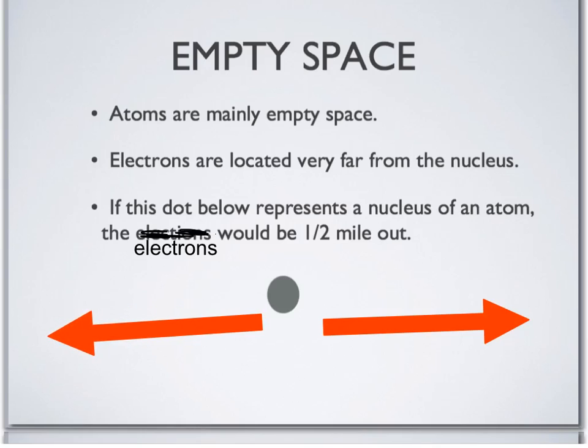That's really incredible when you think about it, from this nucleus, they'd have to be a half mile out if that was the size of the nucleus. It's truly incredible to think that most of the atom is mainly empty space, and yet it appears solid to us, which we'll get into why that is further down the road.